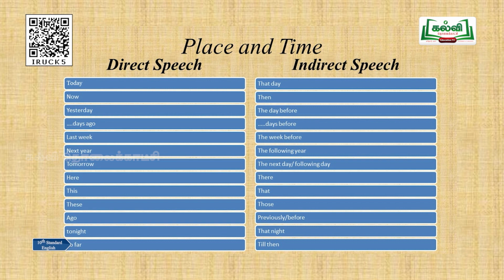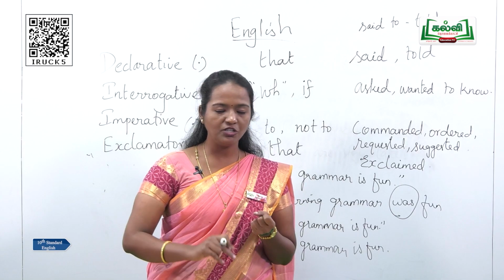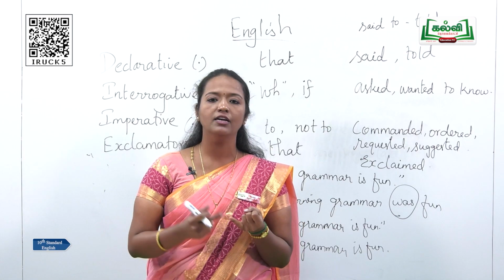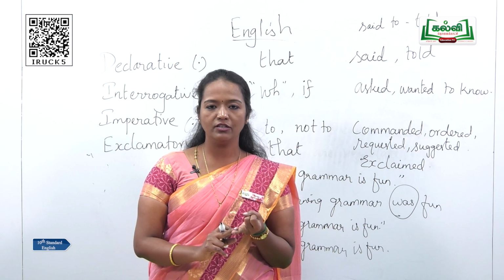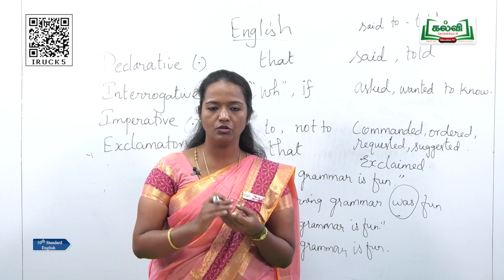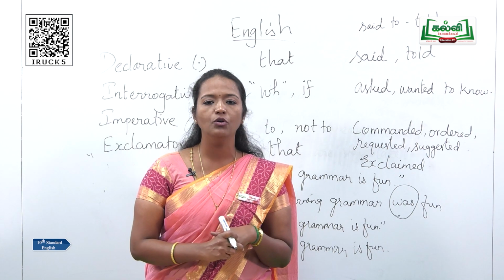Now these charts, if you remember very well, changing a sentence from direct to indirect will become easy. The changes that happen in tenses and in the adjectives, adverbs and in the pronouns. So these are the things that you will have to remember.